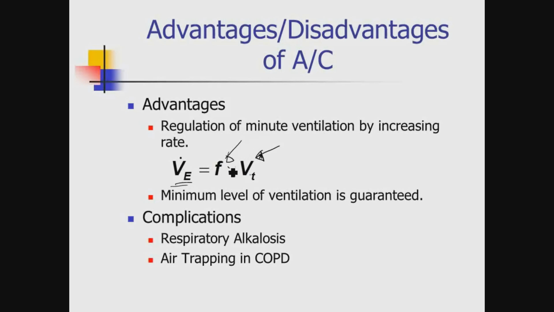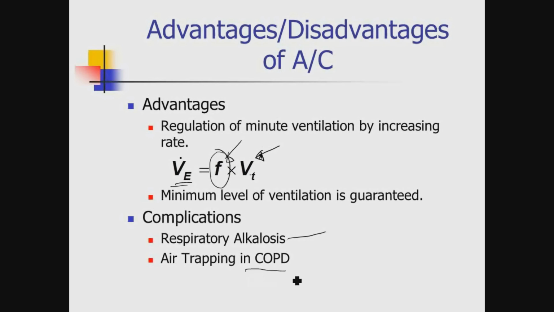The patient, though, can kick this respiratory rate up, especially if they're in pain, and create a respiratory alkalosis, because every time they trigger, they're getting a full mandatory breath. So if they're anxious, whatever, you can create a respiratory alkalosis inadvertently.